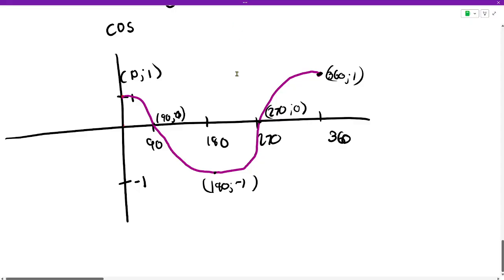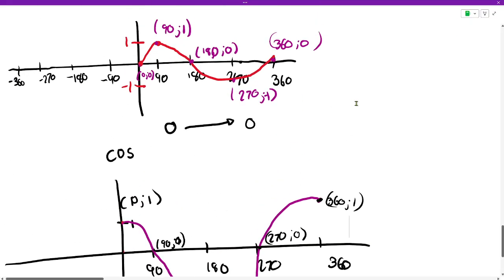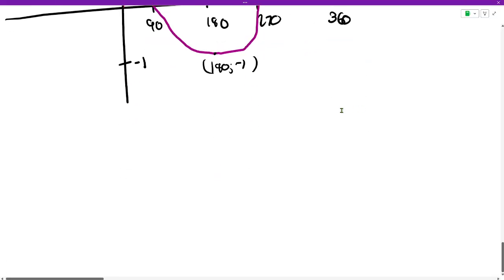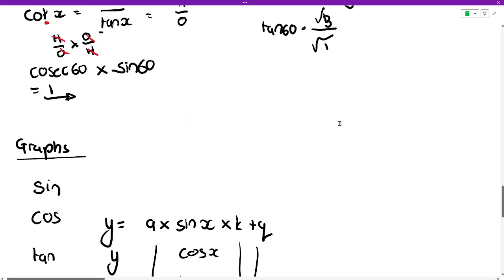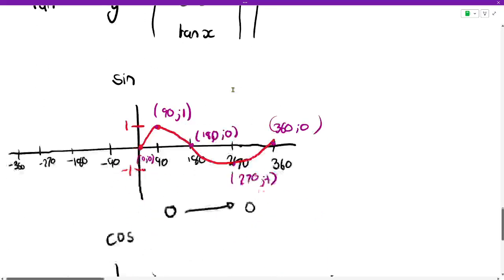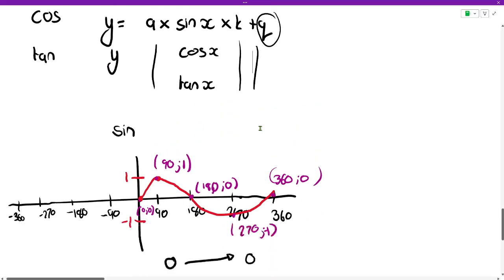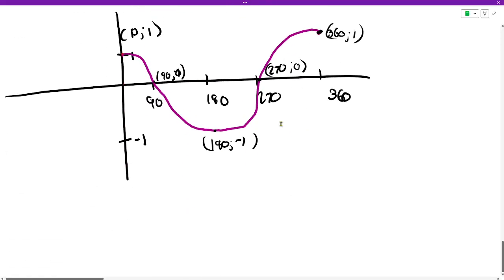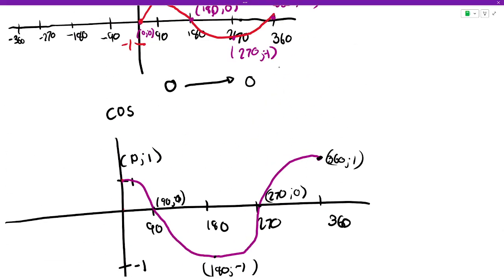Now, how do you check? First, you need to make sure there's no vertical shift. What your vertical shift is, is q. How do I identify that? By checking your amplitude. Let's say, for example, we have a graph like this.